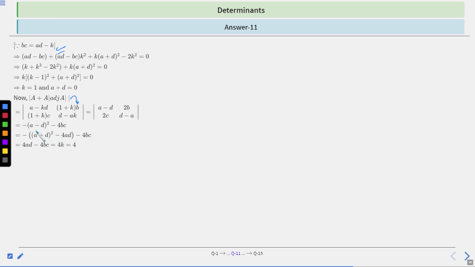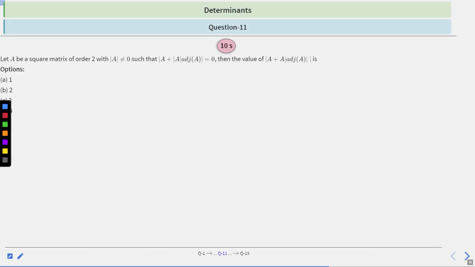After solving, you will get minus of A minus D whole square minus 4BC, which is equal to minus of A plus D whole square minus 4AD minus 4BC. Now, A plus D is basically 0, right? So it is equal to 4AD minus 4BC, which is equal to 4K. And K is equal to 1. So, answer of this will be 4. Clear? So, I think option D is the right choice.